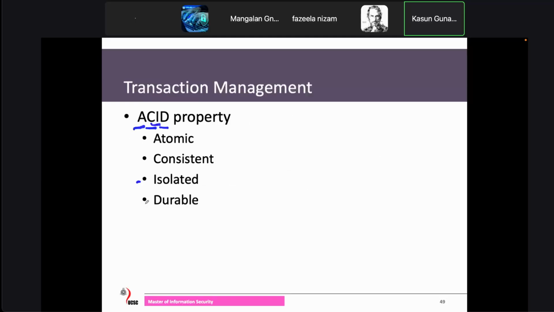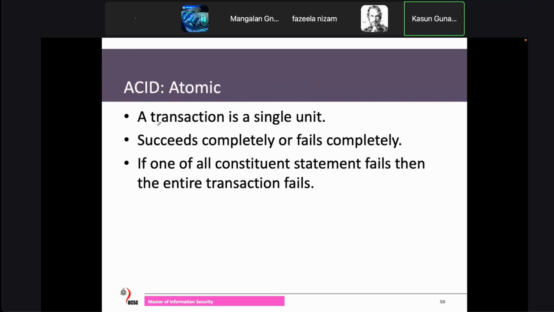Let's see what atomic means first, right? Atomic means a transaction is a single unit, so either it succeeds completely or fails completely, as I described in the previous slide. This is a transaction, and it may contain a list of actions, activities.